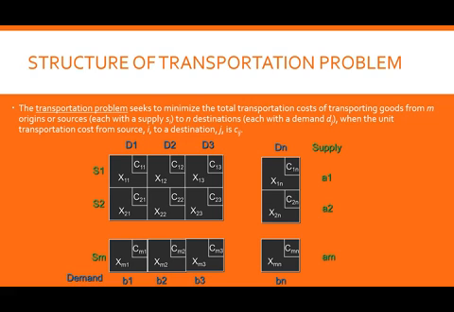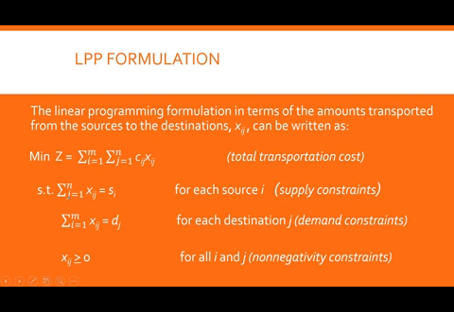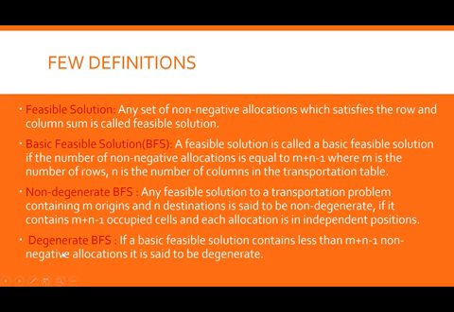In this transportation problem, whenever I write the Xij value to be greater than 0, that is considered an allocation. If the number of allocations that I have made is equal to the number of rows plus the number of columns minus 1, then it is called a BFS. Okay, in BFS you have two types: one is non-degenerate BFS, the other is degenerate BFS. What is non-degenerate BFS?